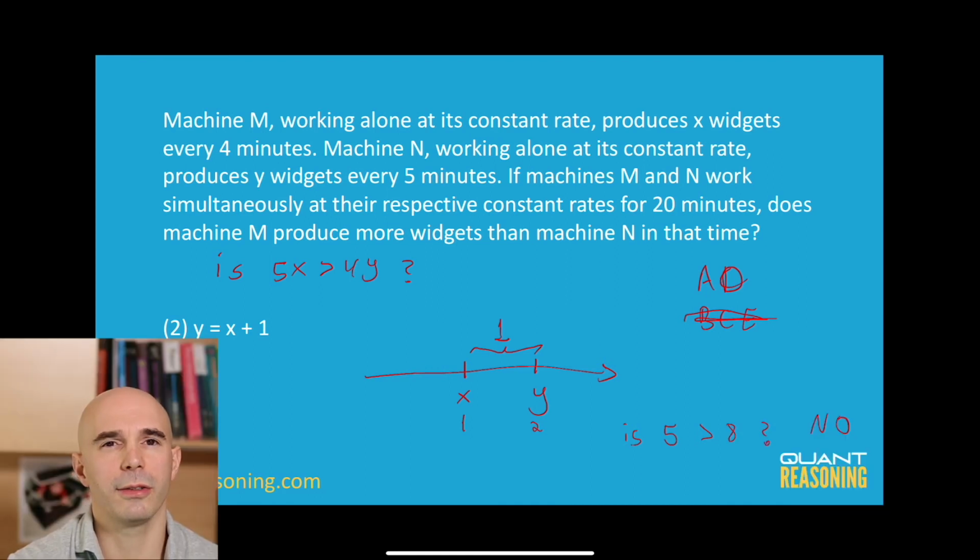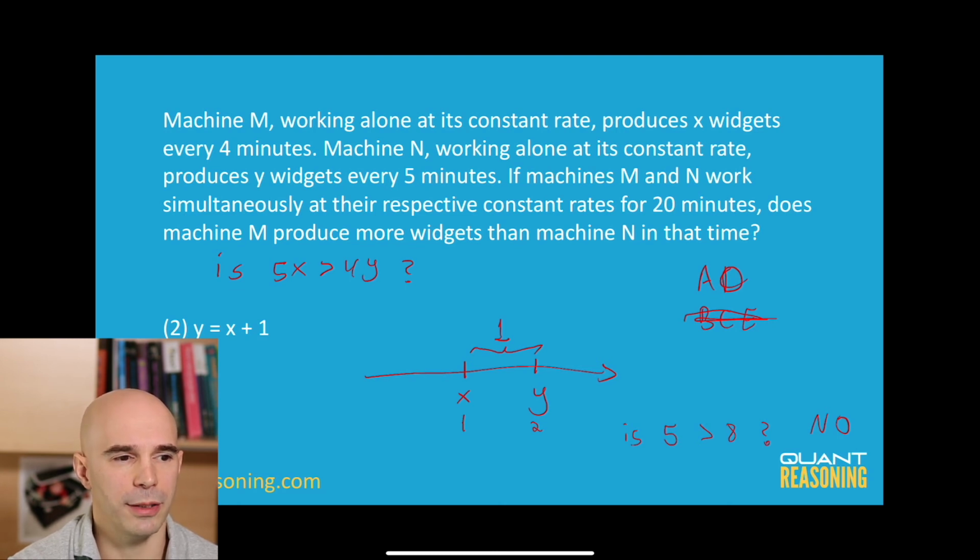Do we also have to show a case that would give us a yes? Normally we would. In order to prove insufficiency, you would have to show that you can get a yes and you can get a no. However, in this case, we've already established that statement 1 is sufficient because it gave a definitive yes. Can you imagine statement 1 giving a definitive yes and statement 2 giving a definitive no?